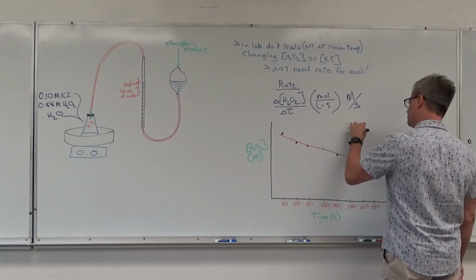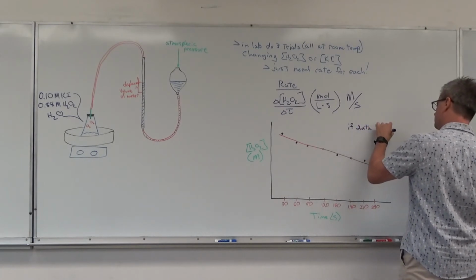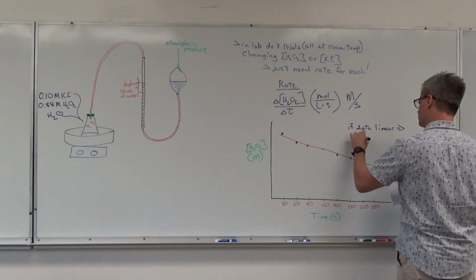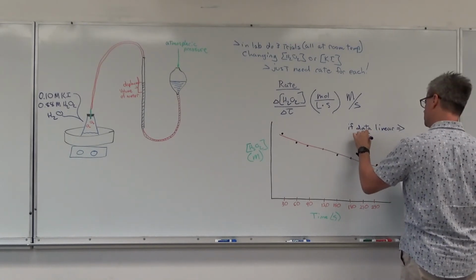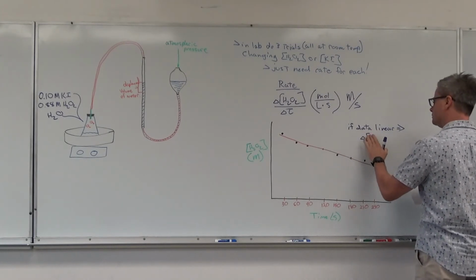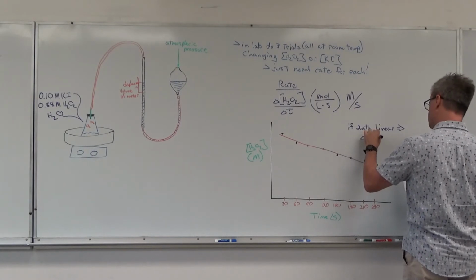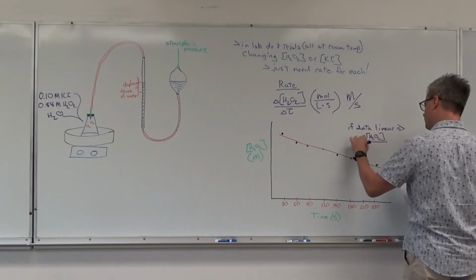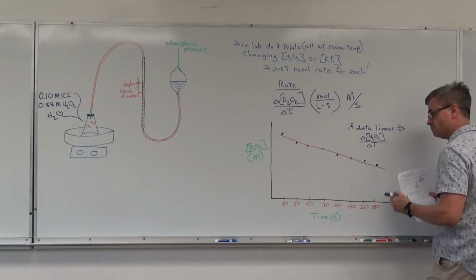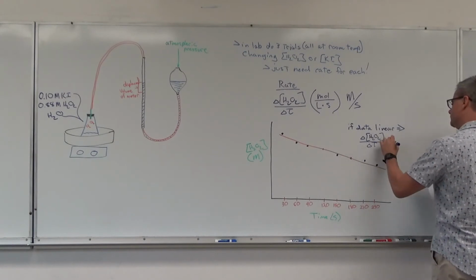So if the data is linear, the change in hydrogen peroxide over the change in time, which is our defined way of describing the rate of this reaction, is the slope of the line.